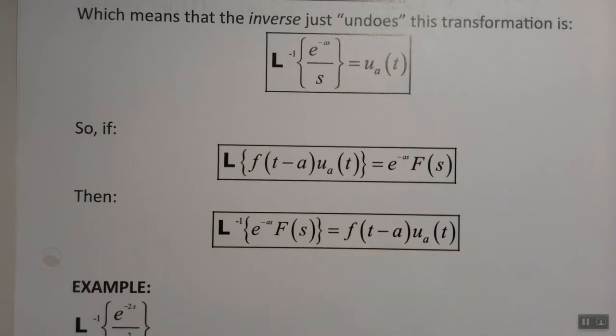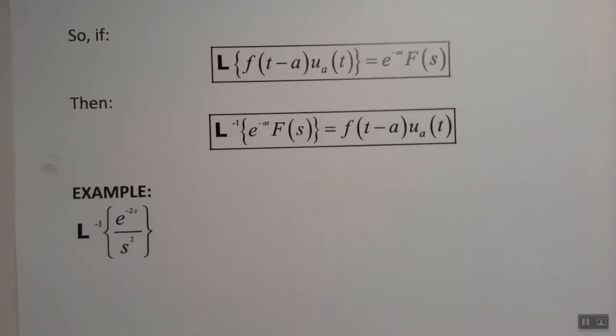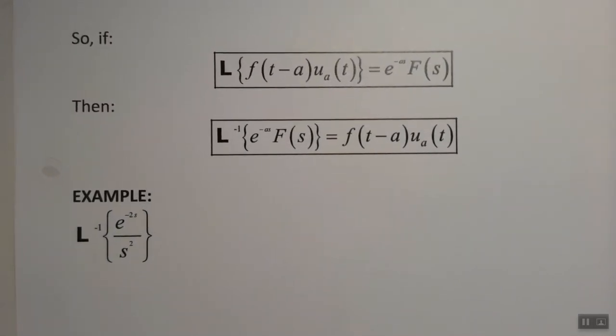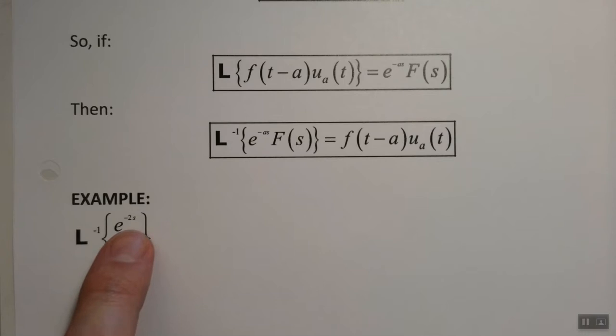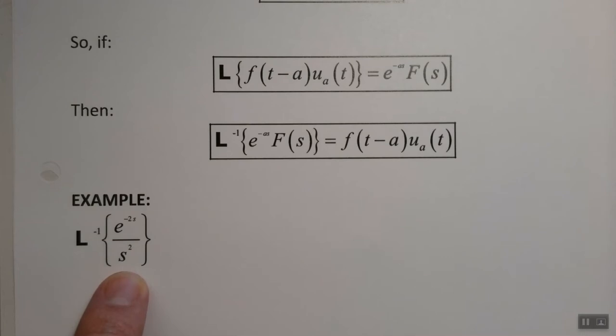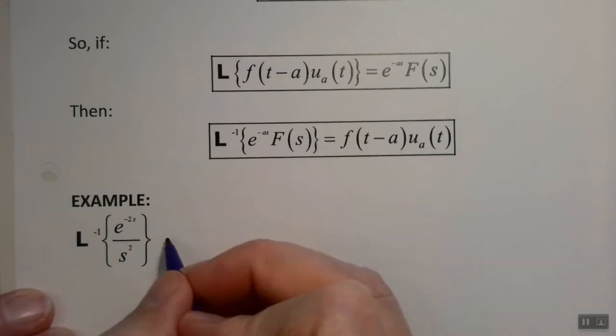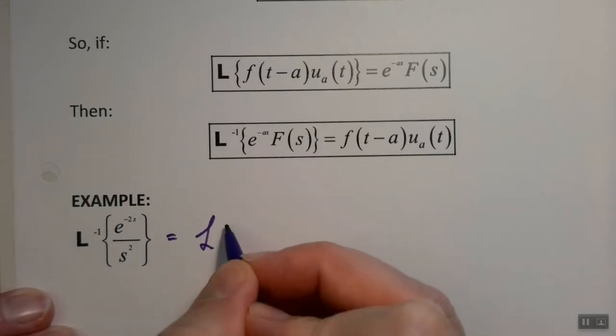So at the very bottom of this page, there's an example that we'll play a little game with here, algebraically. I want to take the inverse Laplace of e to the minus 2s over s squared. That should look pretty familiar, because if you're paying attention, we should see evidence of shifted switch going on. So let me rewrite this in a way that may make a little bit more sense.